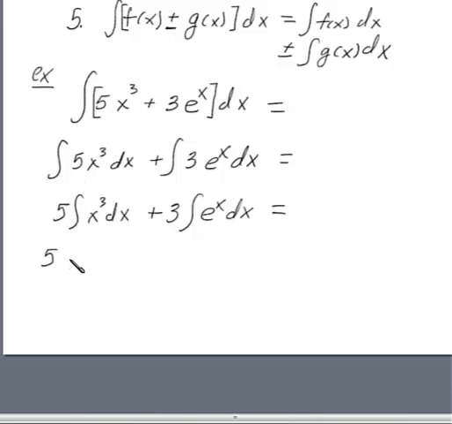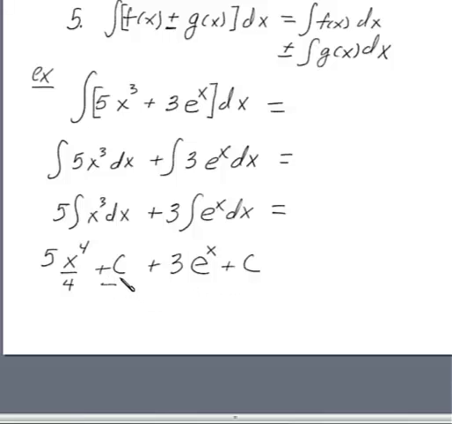We've got x cubed, so that's going to be x to the 4th, and then I have to divide by 4. Now it's plus a constant, plus 3, working on the second integral. The integral of e to the x, again above we saw that's just going to be e to the x plus a constant. Now we usually don't write the constant at this point.